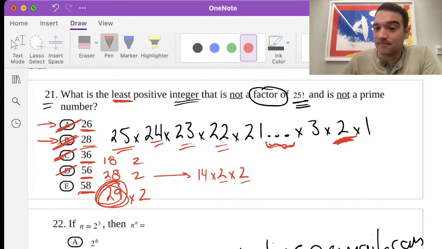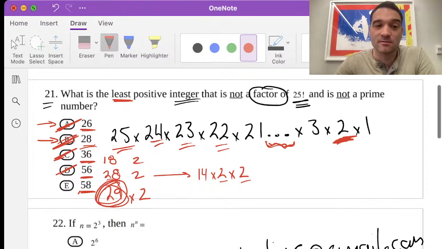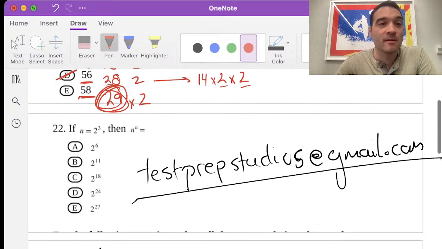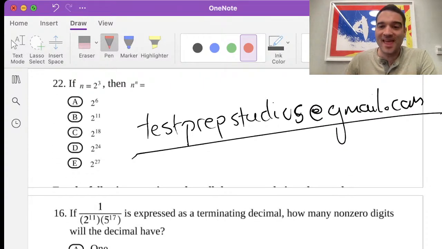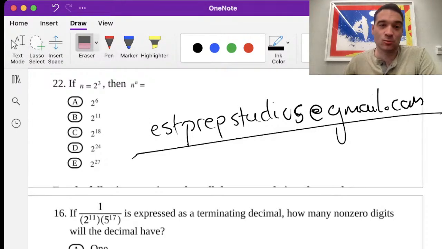Okay, great. So that's a great segue into this next one right here. If n equals 2 to the power of 3, then n to the power of n is what?